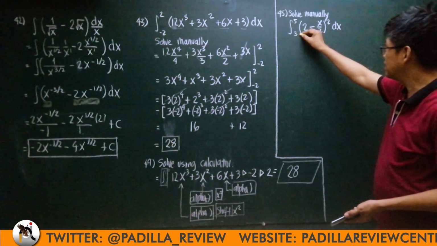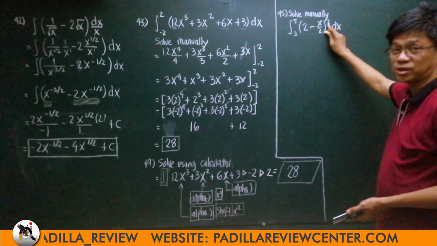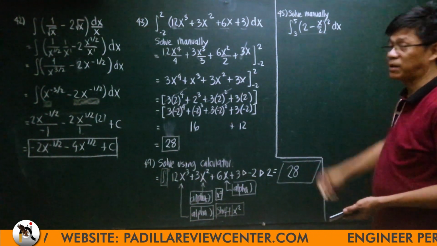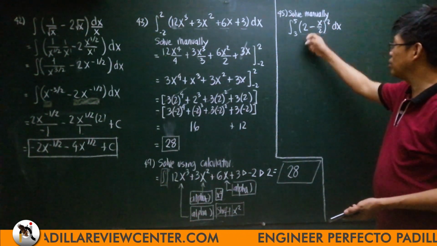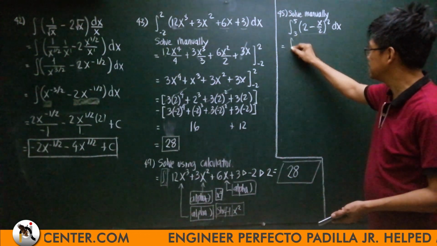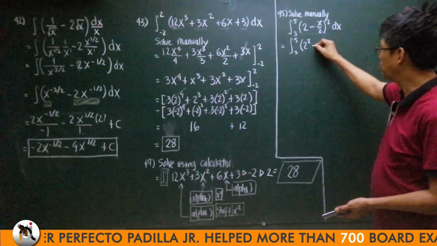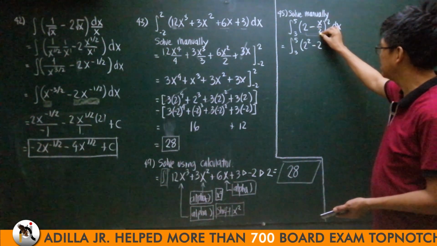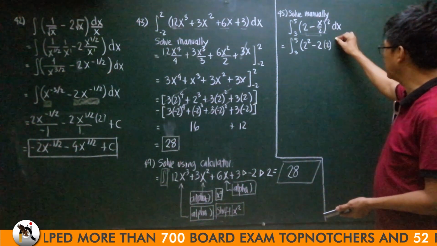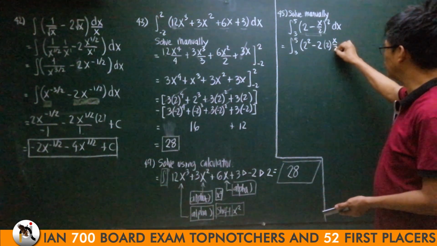So again, this one is a binomial raised to a certain power. So we expand first. The square of a binomial is the square of the first, that is 2 squared, minus twice their product, 2 times x over 2.